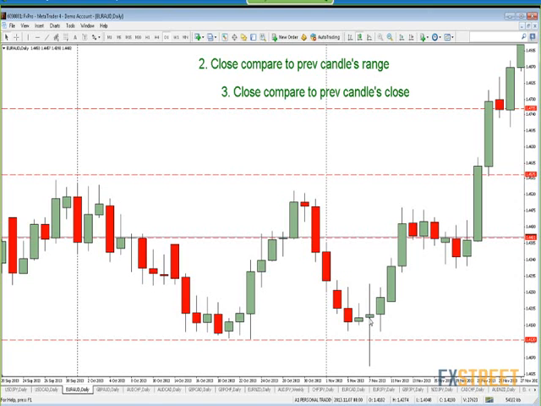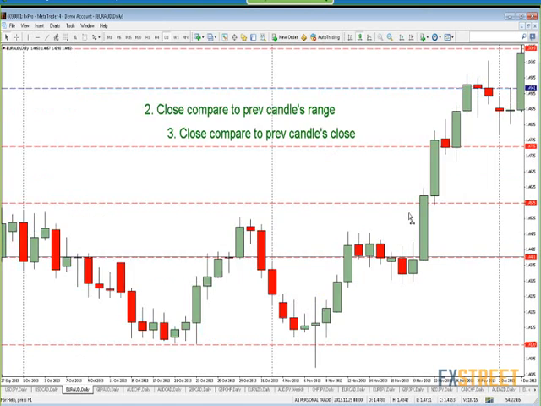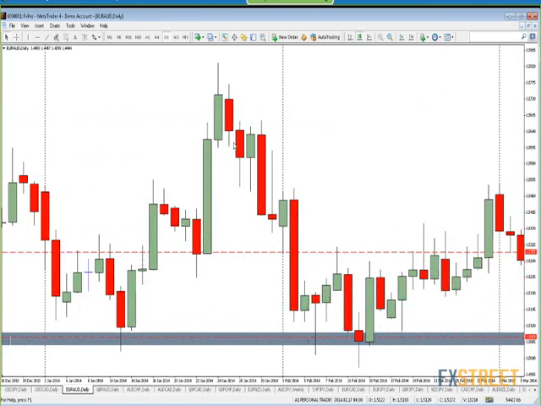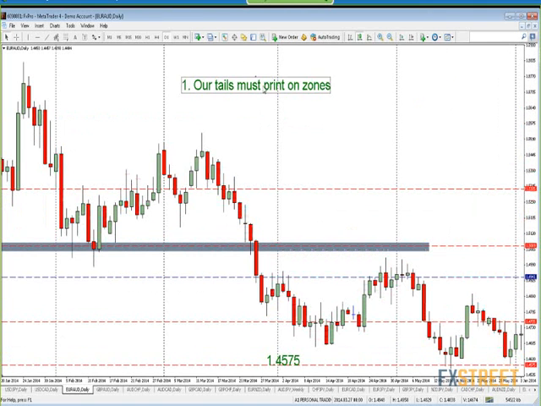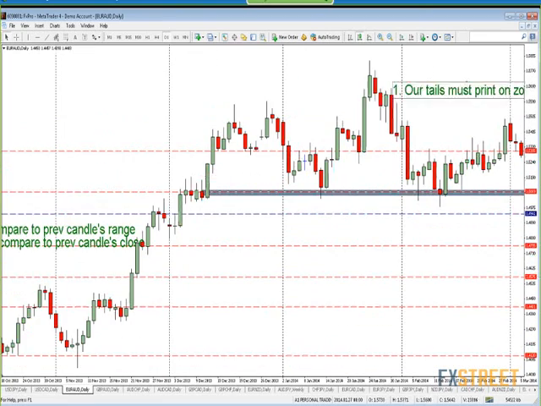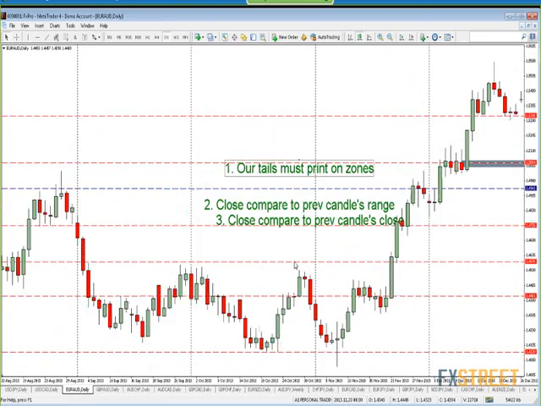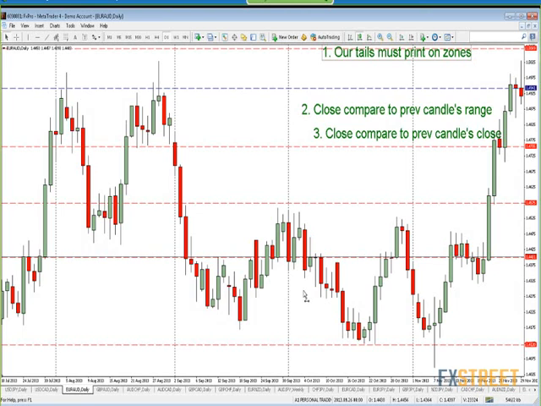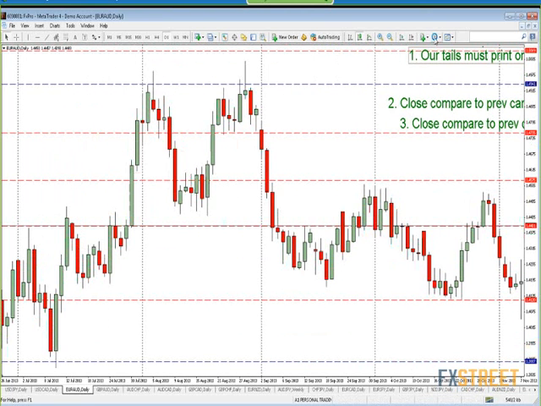Now, you look at this one and you go, okay, Walter, I hear what you're saying. We're talking about long tails here. My tail is on a zone, which is what you want.